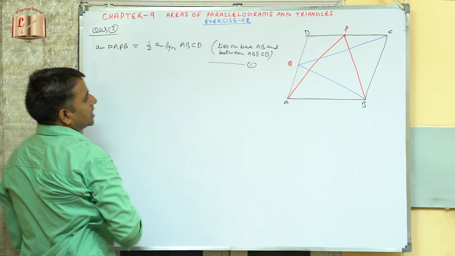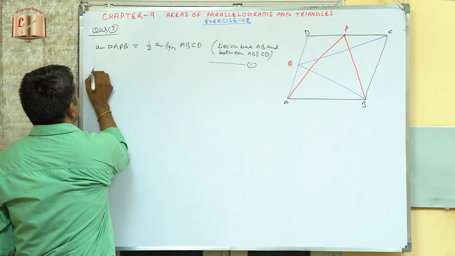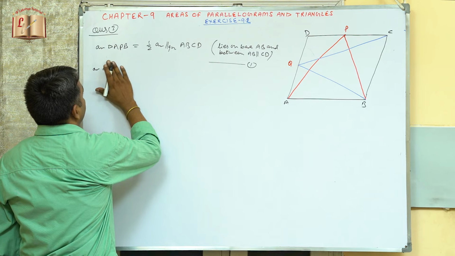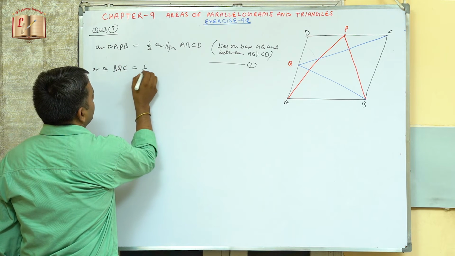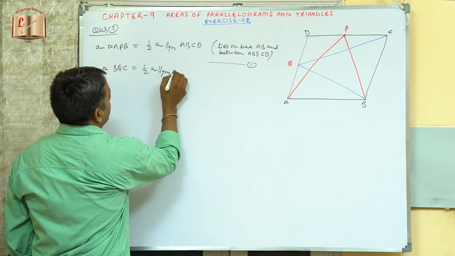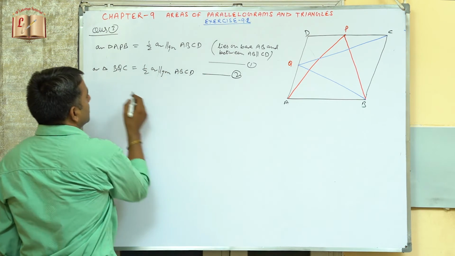Similarly, coming to the next one, area of triangle BQC will be equal to half of area of parallelogram ABCD. So this is now second.